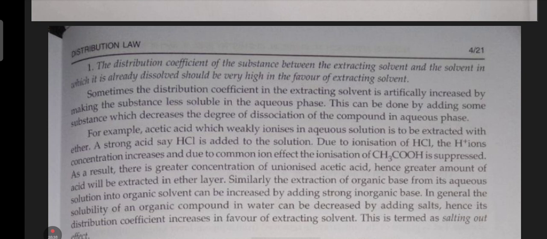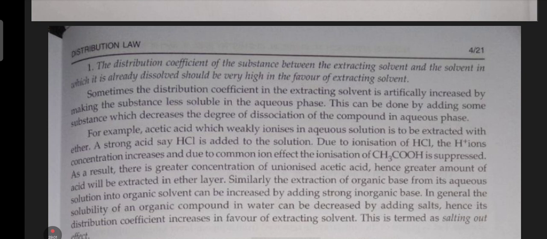This can be done by adding some substance which decreases the degree of dissociation of the compound in aqueous phase. For example, acetic acid, which weakly ionizes, in aqueous solution is to be extracted with ether.